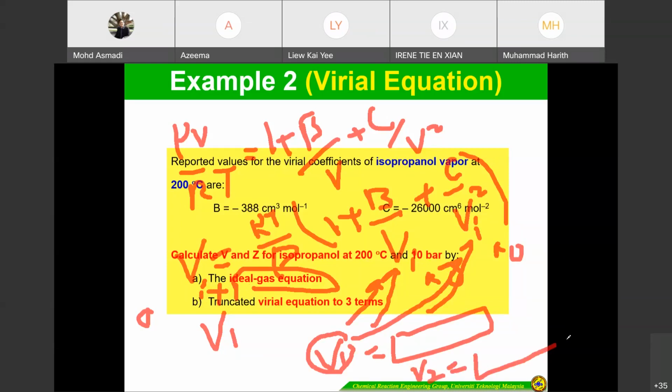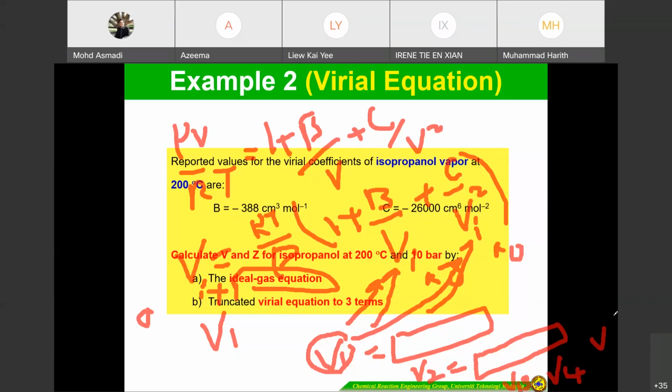You have to do the iteration until the value converges. What is the meaning of convergence? It means the new value has a low error compared to the previous value. For example, for V2 and V1, if the error is like 0.01%, we can consider that the final answer. For example, you calculate until V5.